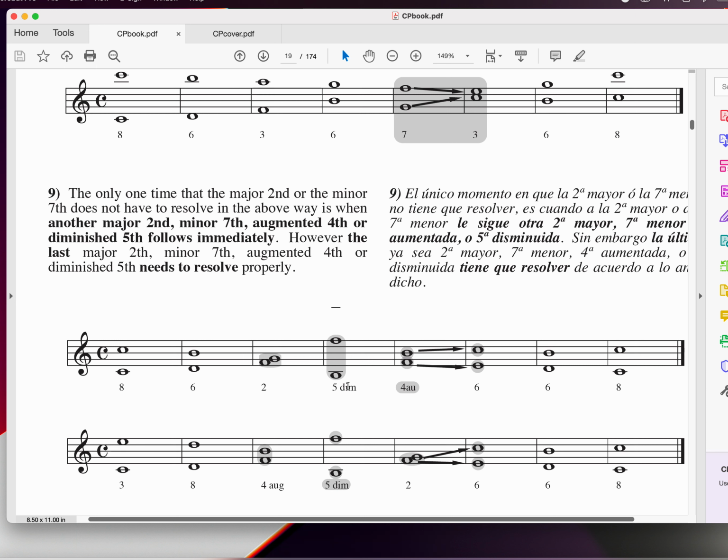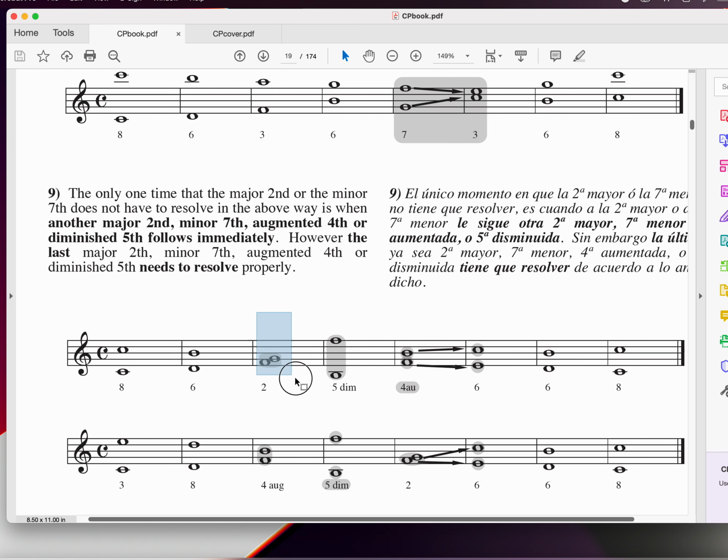It continued with another conditional interval. And then the responsibility to resolve is of this interval, which is the B and the F, but it didn't. It prolonged it a little more, having an F and a B, which is the augmented fourth.